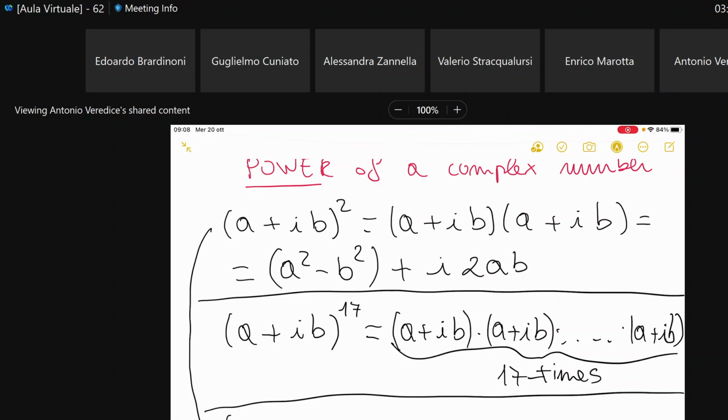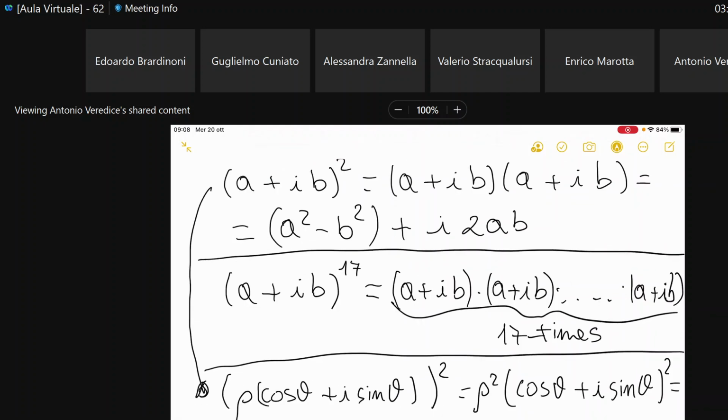Rho times cosine theta plus I times sine of theta. Okay. If we do the same using this form, we have, of course, rho squared times cosine of theta plus I sine of theta squared. And this is, I rewrite the rho squared.